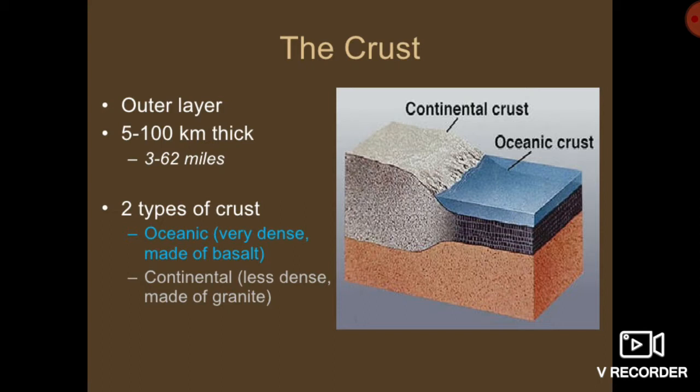The crust represents the outer layer of the earth. It has a thickness which varies from 5 km to 100 km: 5 km under the oceanic crust, and 100 km thickness just below the mountains over the continent.